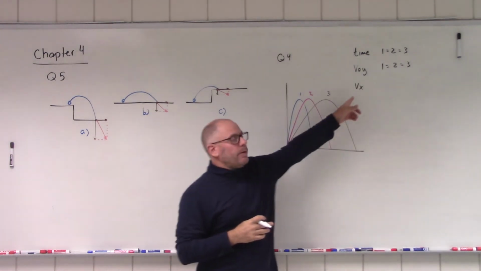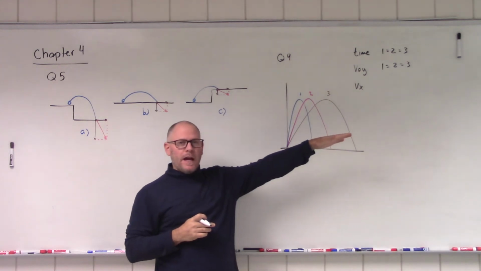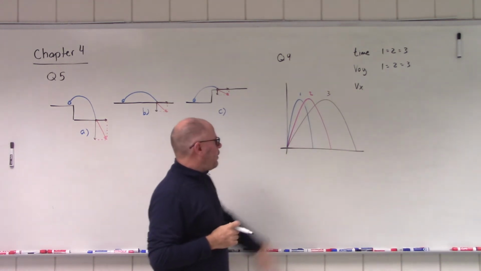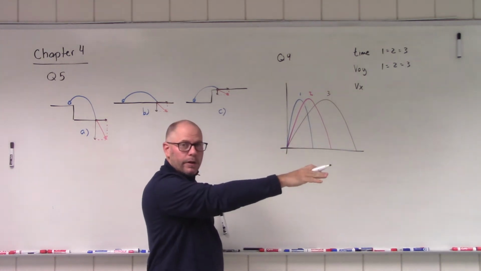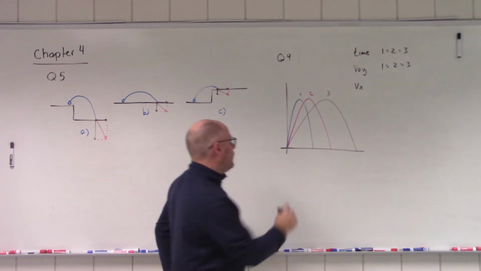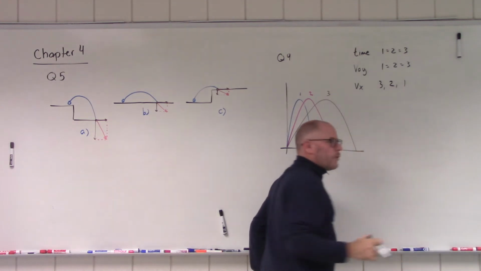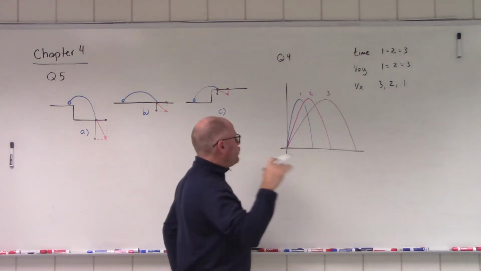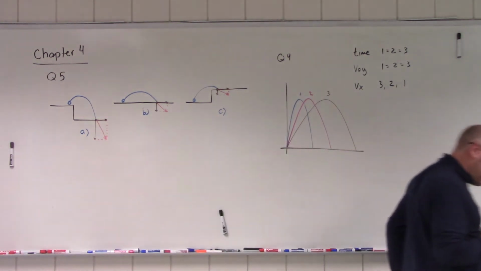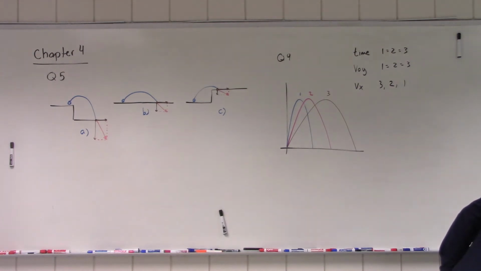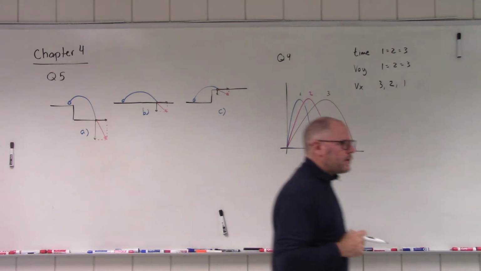Now, it's not v0x because the vx is constant the whole time, so it's just vx. And what do we notice about these? Which one is going the farthest or fastest to the right? Clearly, this is 3, 2, 1. So 3 is the fastest, okay? 2 and then 1.